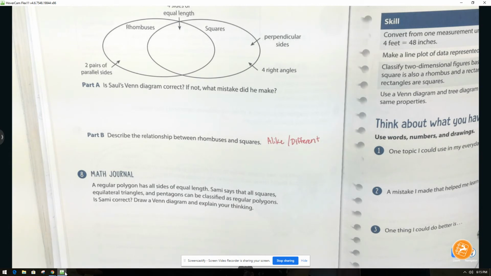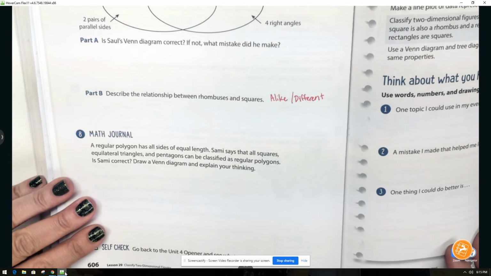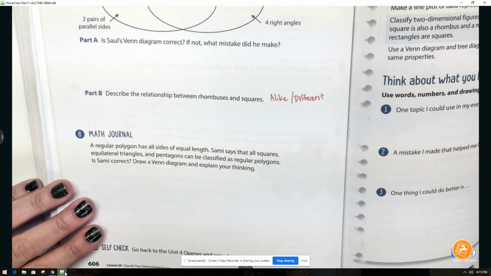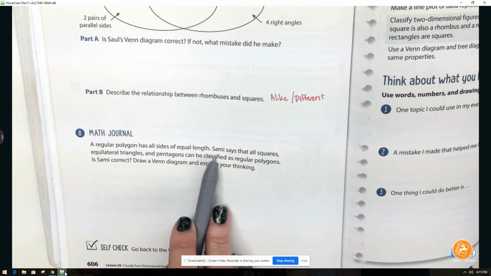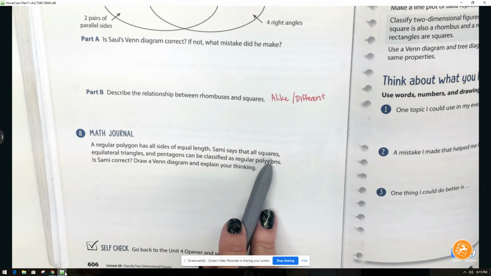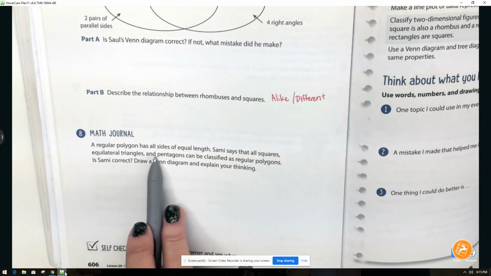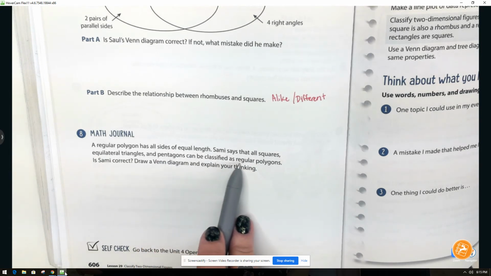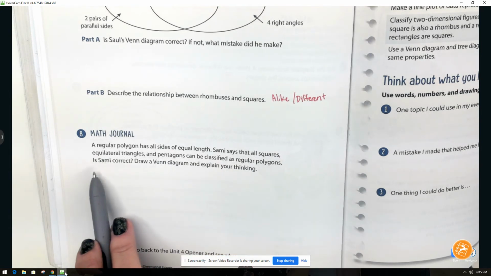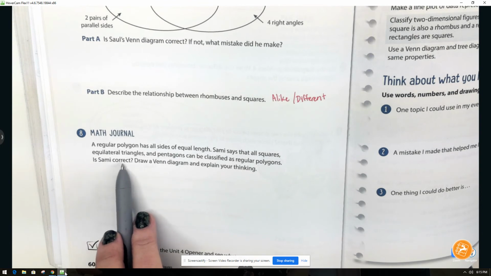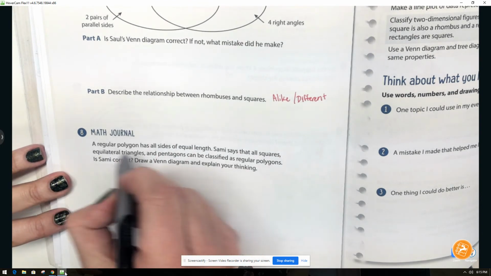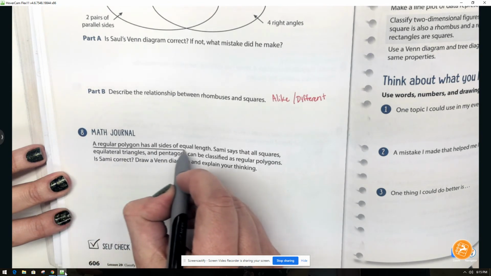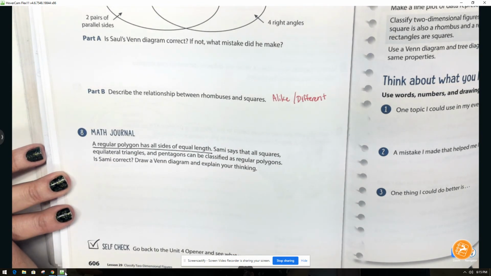And then finally, for number 8, you're going to look at the math journal. A regular polygon has all sides of equal length. Sammy says that all squares, equilateral triangles, and pentagons can be classified as regular polygons. Is Sammy correct? So remember, a regular polygon has all sides of equal length.